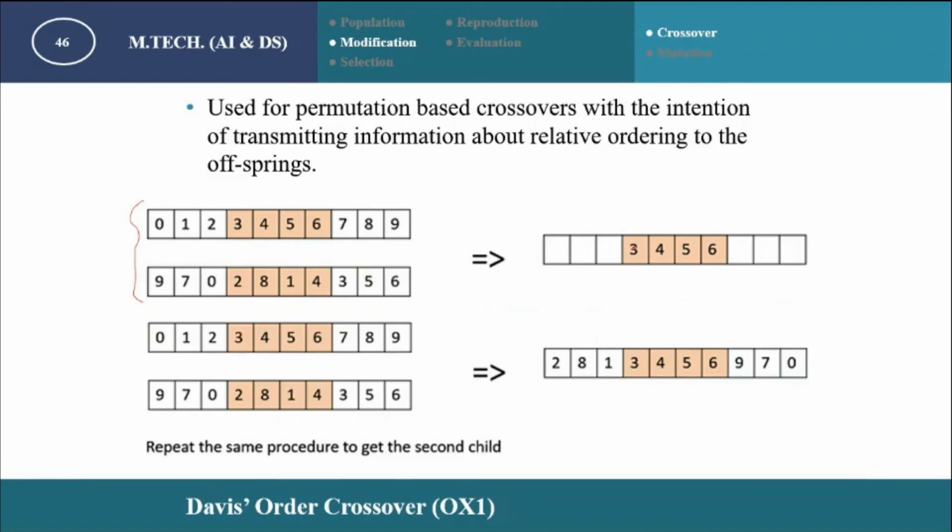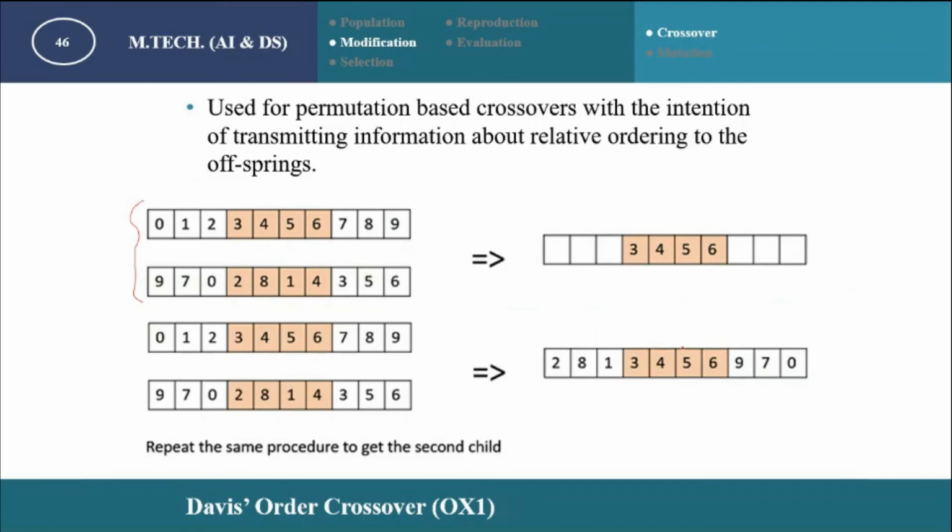So 3, 4, 5, 6 is fixed here. Then we start from the first position in the second chromosome: 9, 7, 0. These values are inserted in that order, from the point where we ended inserting the points from the first chromosome.